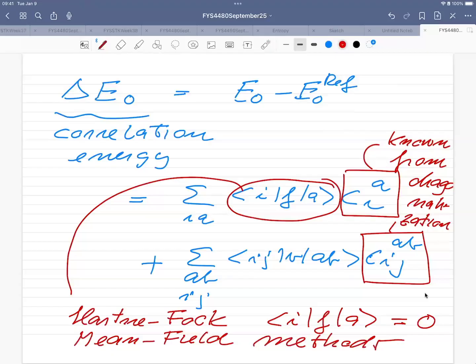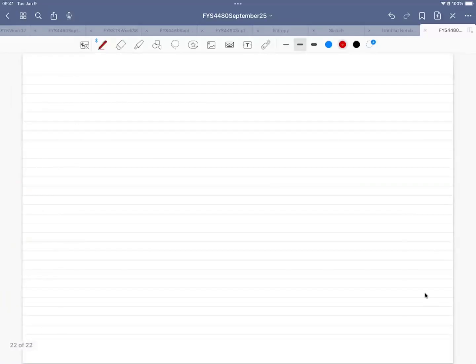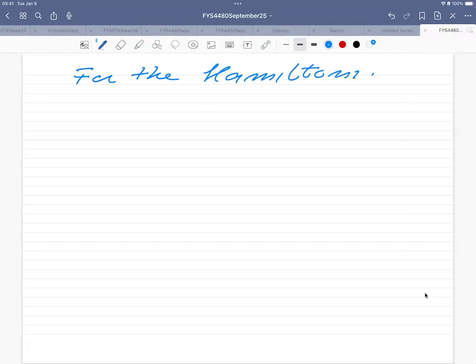So if you think of setting these specific contributions equal to 0, what that means is the following. So for the Hamiltonian matrix, the consequences are the following. So I'm just setting up the matrix.